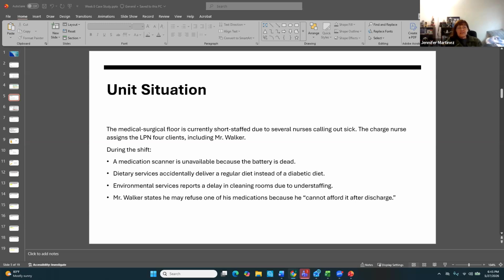Dietary services accidentally delivers a regular diet instead of a diabetic diet. Environmental services reports a delay in cleaning rooms due to understaffing. And Mr. Walker states he may refuse one of his medications because he can't afford it after discharge.